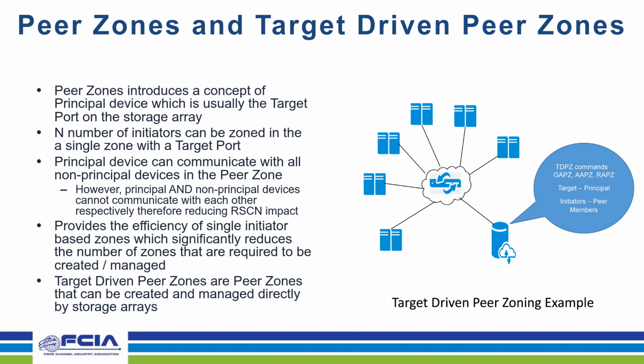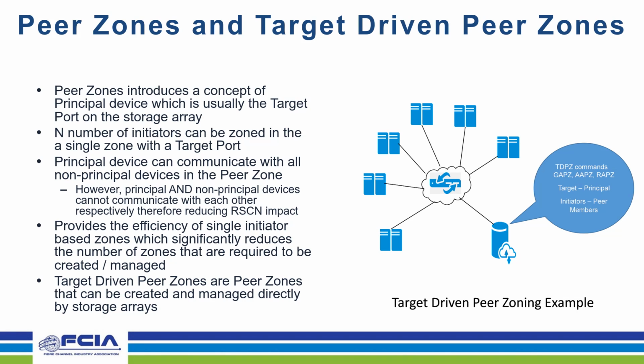This is a new type of zone that we came up with in the FCIA and the T11 group: peer zones and target-driven peer zones. Peer zones were created to keep the concept of zoning, but reduce the number of zones that we have to create. Peer zones introduce a concept called a principal device, which is usually the target port on the storage array.